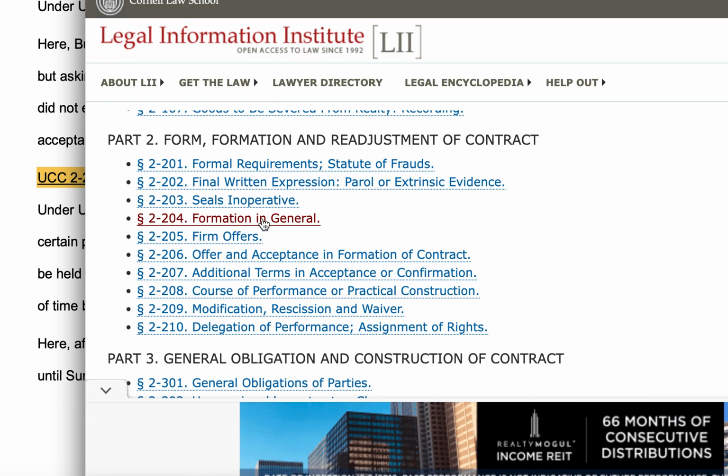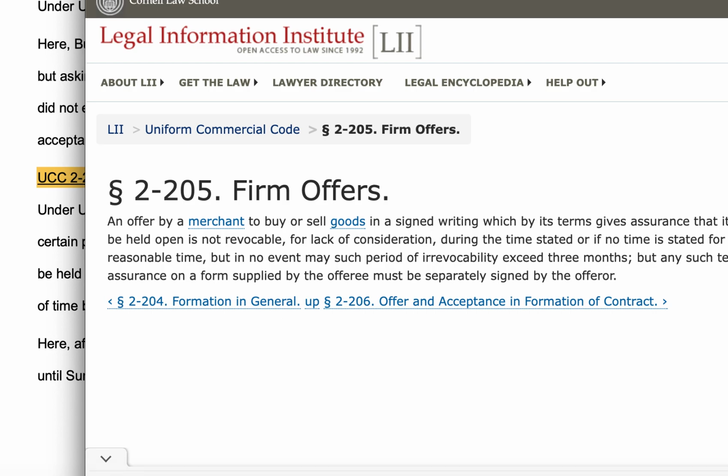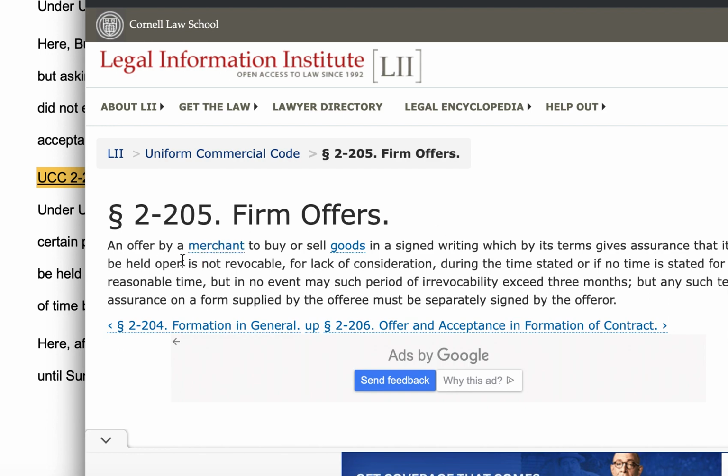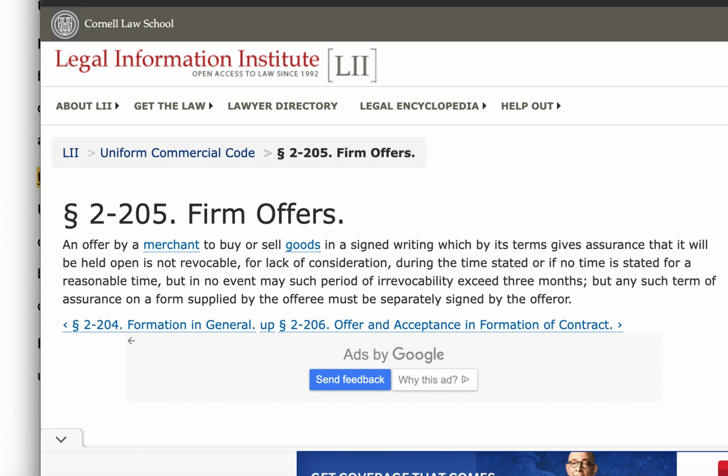So formation in general, this is the way it's written in the code. An offer by a merchant to buy or sell goods in a signed writing, which by its terms gives assurance that it will be held open, is not revocable for lack of consideration during the time stated, or if no time is stated, for a reasonable time.